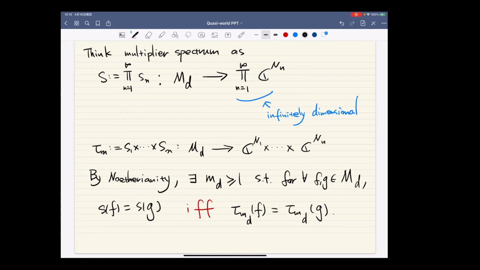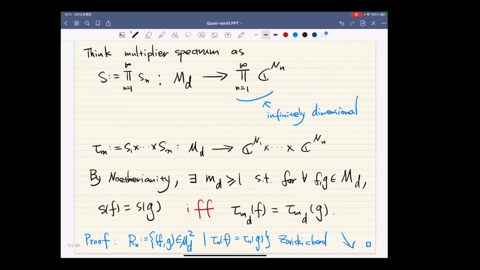Because all these maps are algebraic and the spaces M_d and C^{N_i} are algebraic, by Noetherianity, we can take n large enough, which means that there is a number m_d depending on d, greater than or equal to 1, such that for every f, g in the moduli space M_d, the multiplier spectra of f and g are equal if and only if tau_{m_d}(f) equals tau_{m_d}(g). This means that if you have two rational functions of degree d, and the first m_d orders of the multiplier spectrum are the same, then all the multiplier spectra are the same.